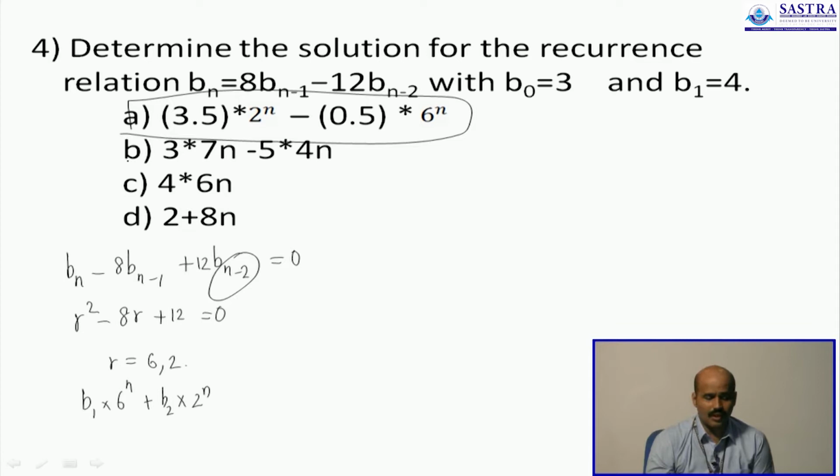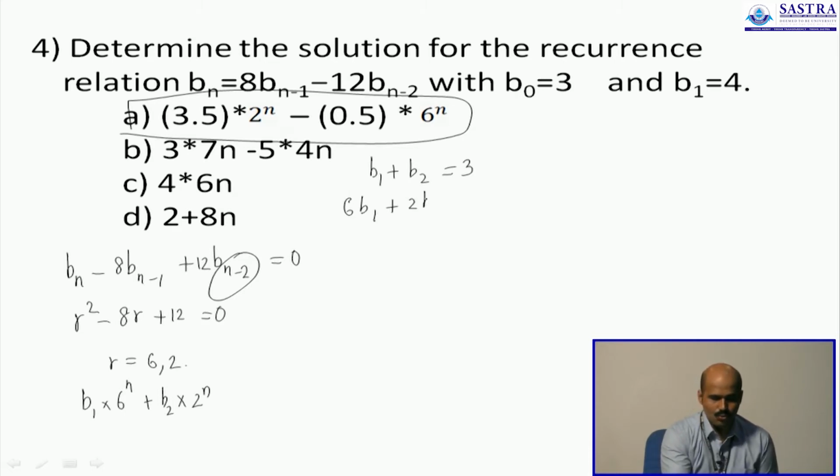The others are different, but anyway, let's solve for b1 and b2 again and check if the answers are right. You are told that b0 is 3, so b1 plus b2 is 3, and 6 b1 plus 2 b2 is 4. So I'll multiply the first one by 2 and then subtract.